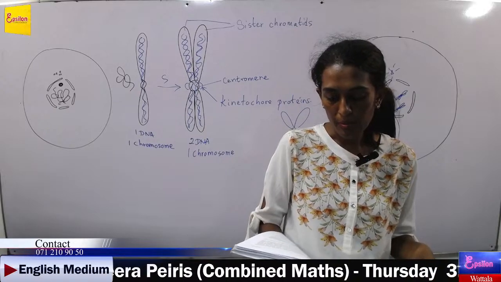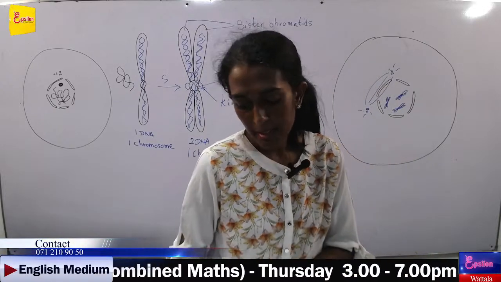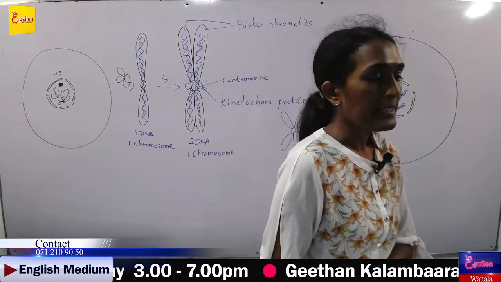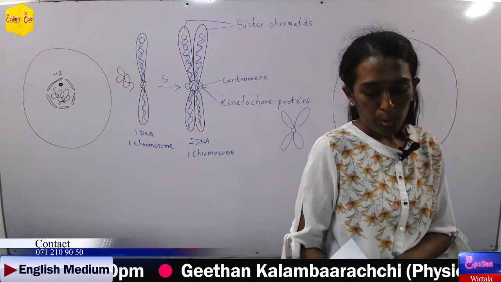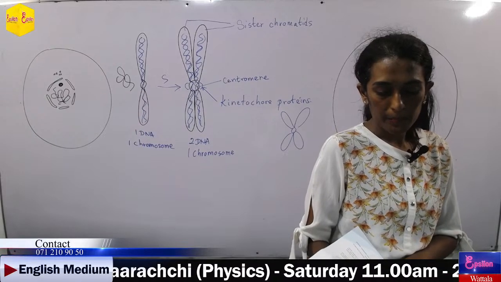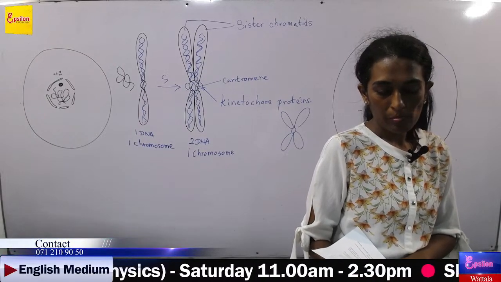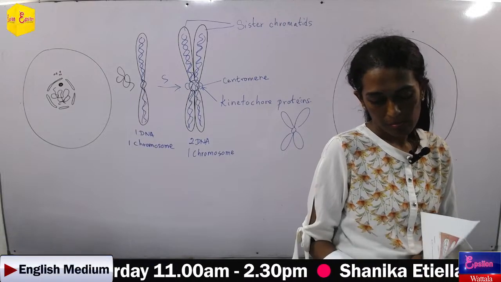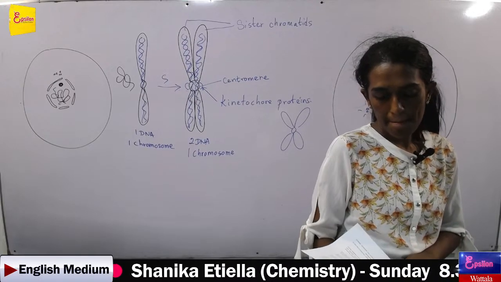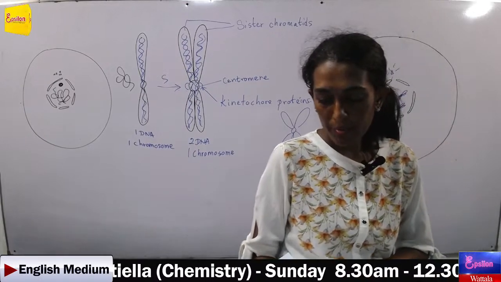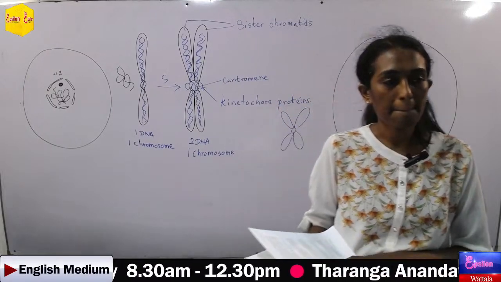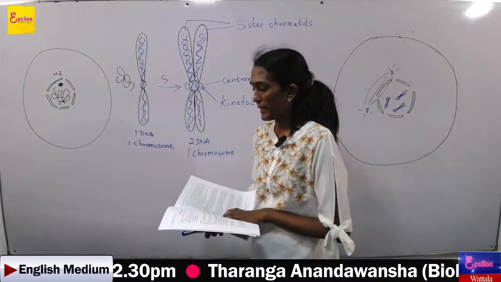Number 2: as a result, chromosomes will be visible through a light microscope. Number 3: nucleoli get disappeared.